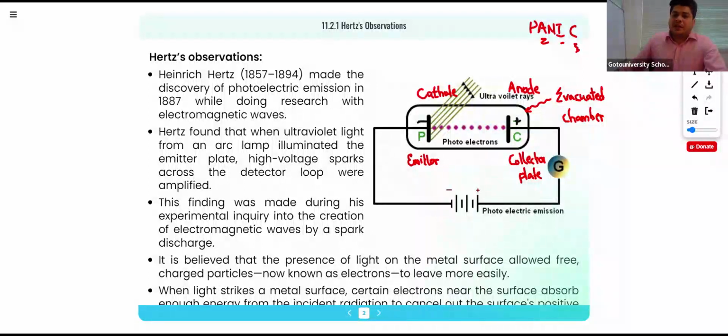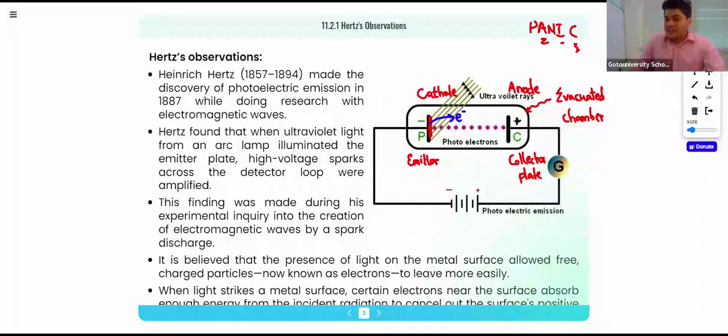So what happens? We strike ultraviolet light on our cathode plate. From the cathode plate, electrons will jump out after the threshold frequency.